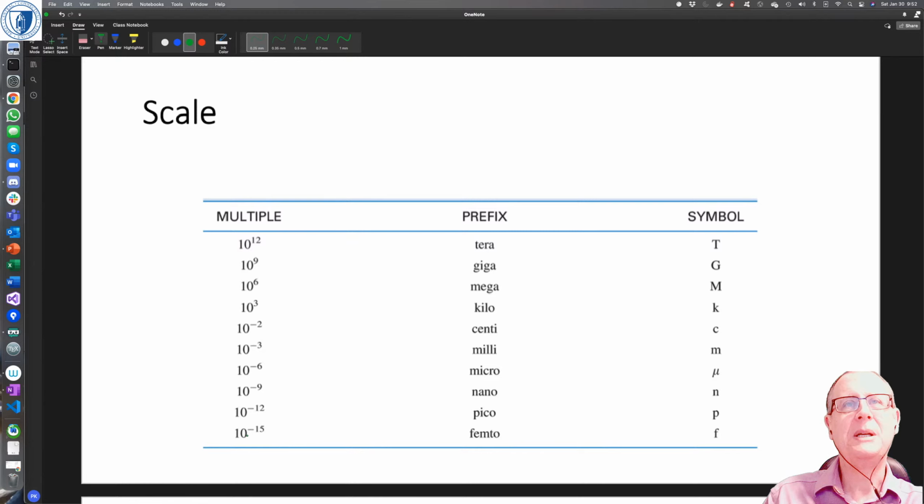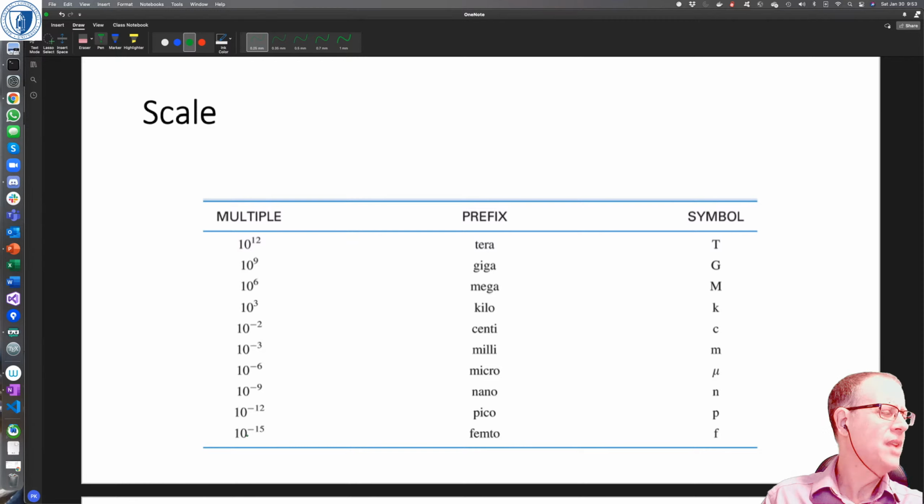A gigabyte is 10 to the 9. A megabyte is 10 to the 6. A kilobyte is 10 to the 3, or 1,000. Centimeters is 1/100th of a meter, millimeters is 1,000th, and then micro, nano, pico, and femto.